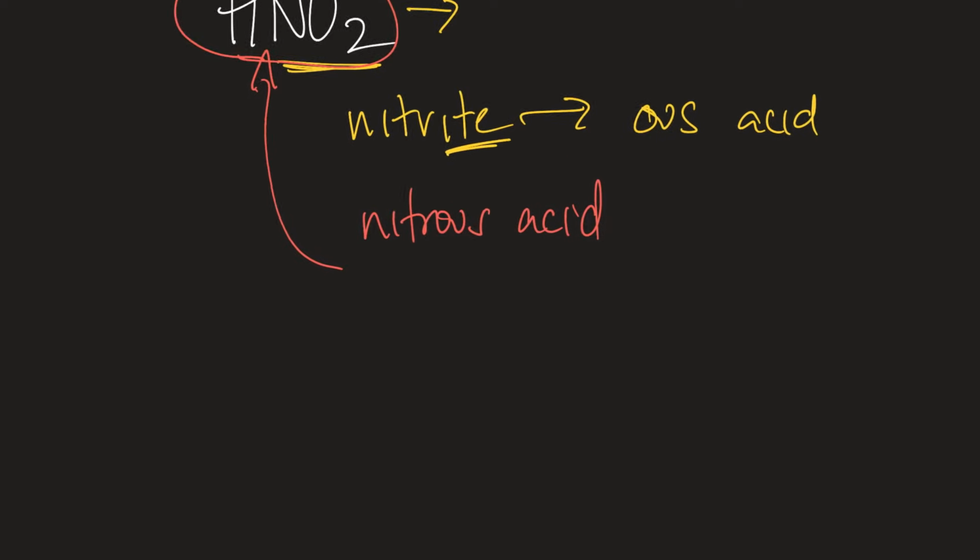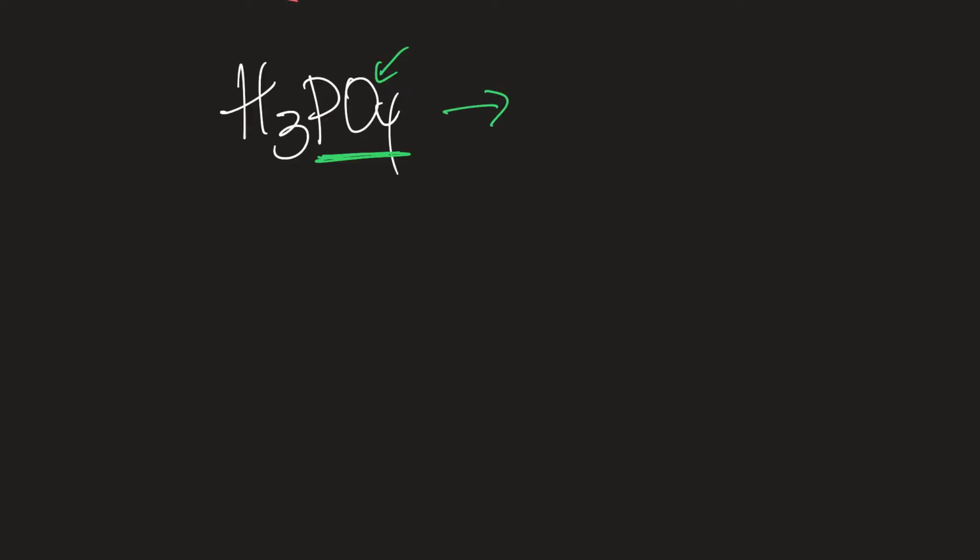Let's go through a couple more examples. Let's say we have H3PO4. We have a polyatomic which has an oxygen, so we're going to use the oxyacid naming. The name of this polyatomic is phosphate.